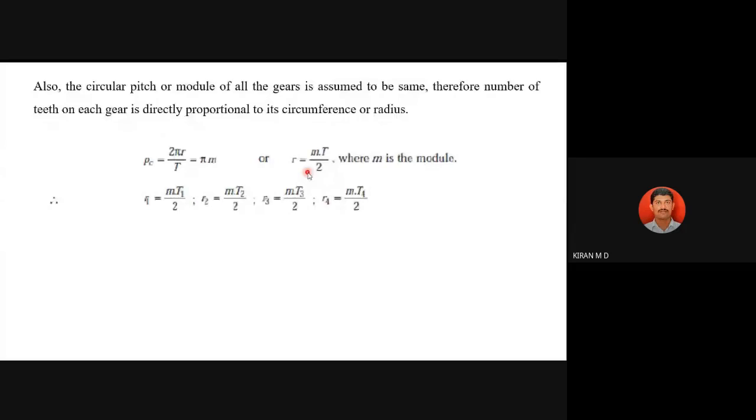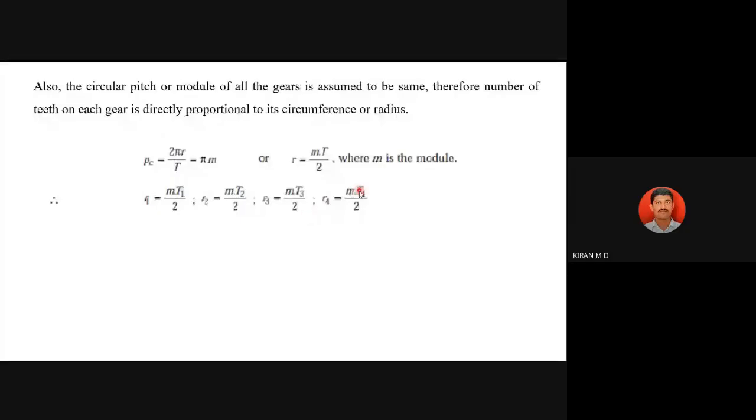When we are designing the reverted gear train, we will consider the module of all the gears in the gear train to be the same. So instead of taking, R1 is equal to m T1 by 2, R2 is equal to m T2 by 2, R3 is equal to m T3 by 2, and R4 is equal to m T4 by 2.